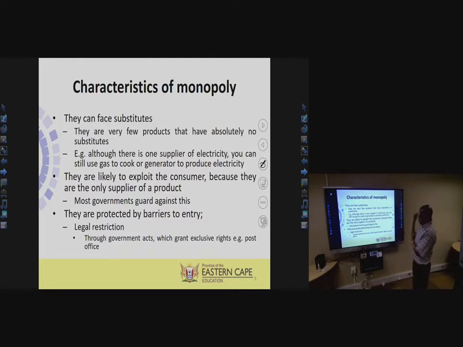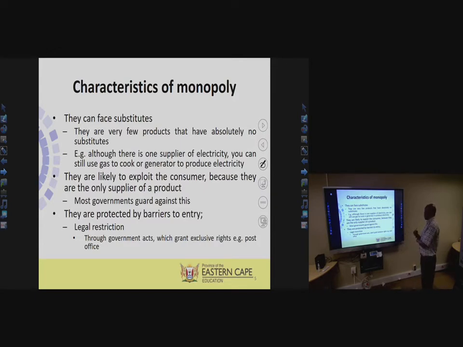They are likely to exploit the consumers because they are the only supplier of the product. Because we've already used electricity, if ESCOM is the only supplier, as is the case with electricity, then it suggests that ESCOM can charge higher prices.